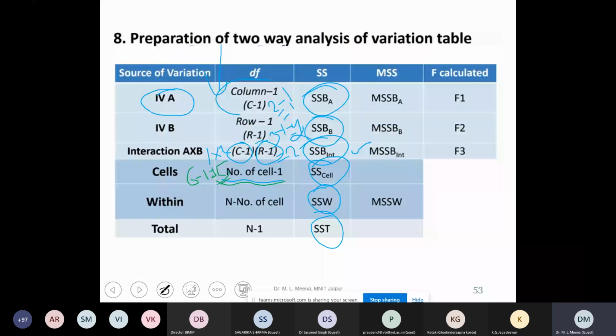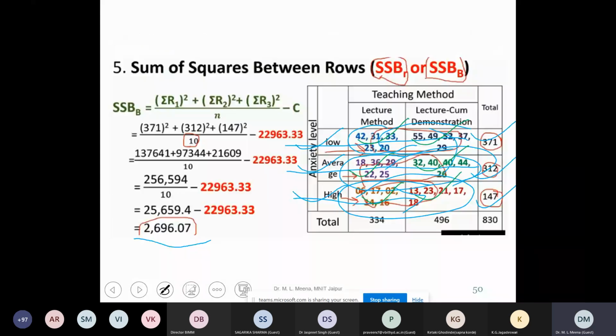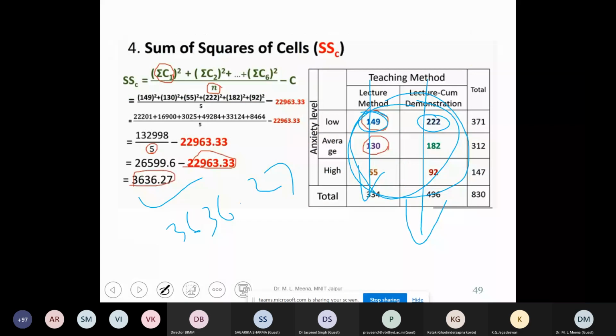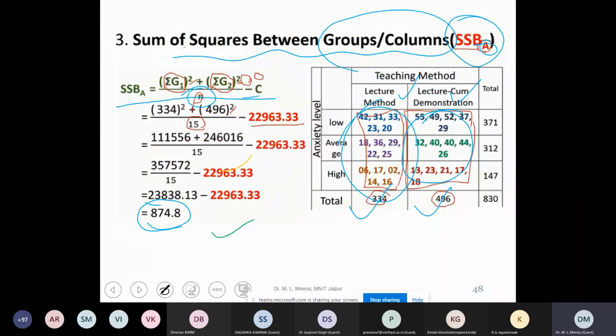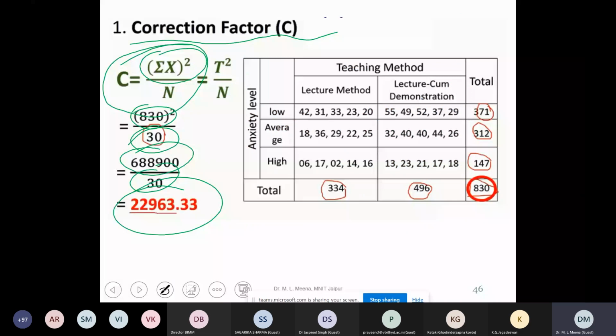And last is within groups: n minus number of cells. n means the total number of samples. We have 6 cells, 1, 2, 3, 4, 5, 6, and every cell has 5 observations.